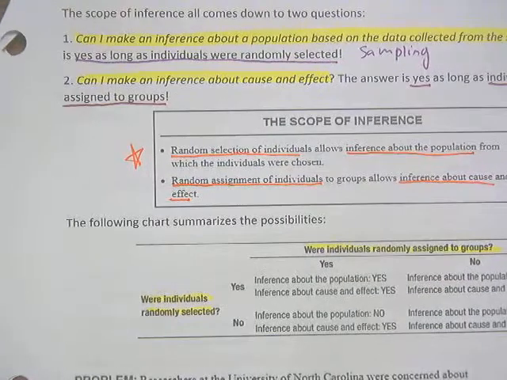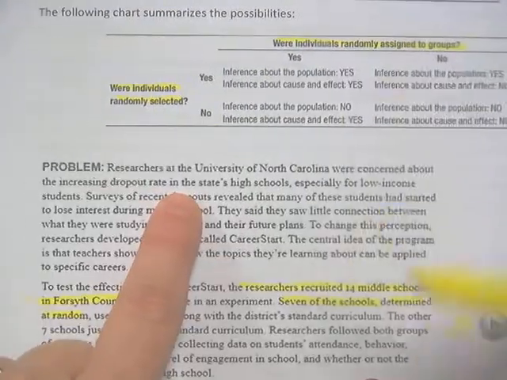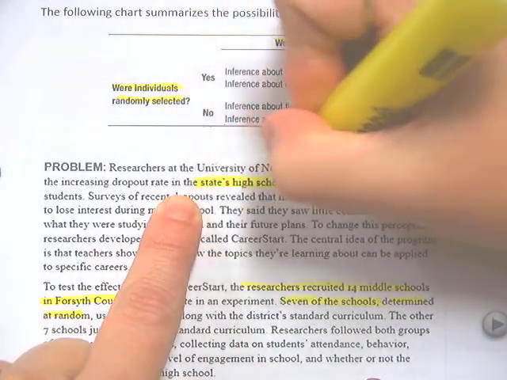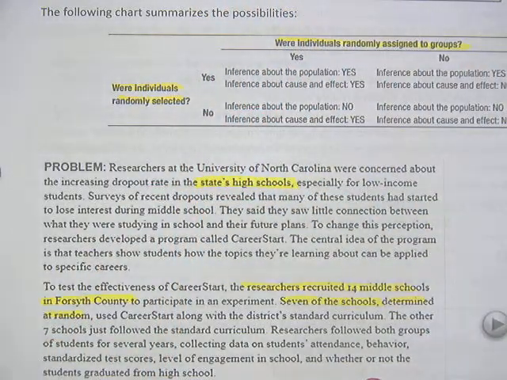Now I just noticed something. Right up here at the top of the paragraph, we're concerned about the dropout rate of the entire state's high schools. The entire state. And don't get too hung up on the fact that middle schools were a part of this. We're trying to see about the high schools here, from the entire state.